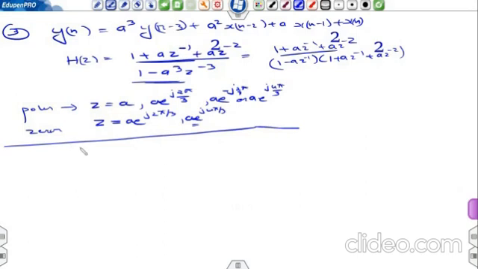And now generalizing, this was for m equal to 3.